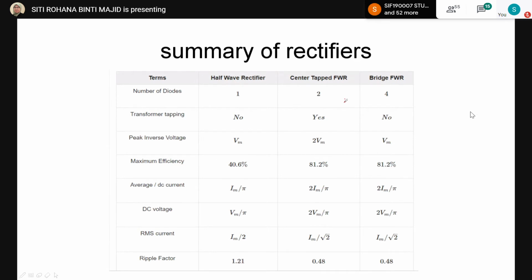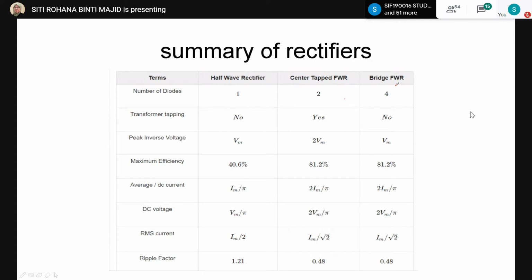Okay, and this slide is the summary of terms that we can use for the half wave rectifier, center tap full wave rectifier, and bridge full wave rectifier.